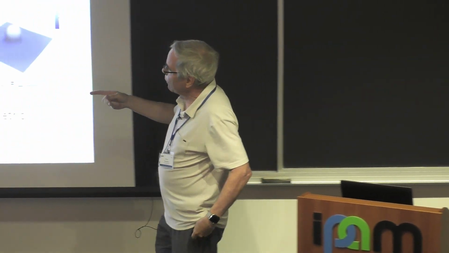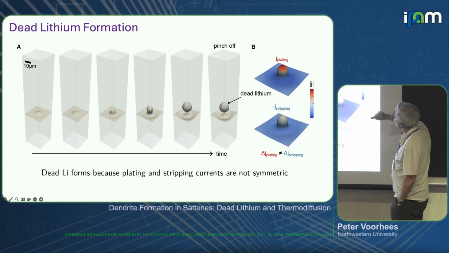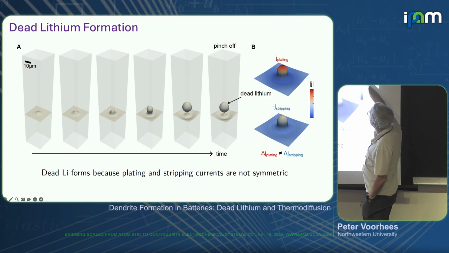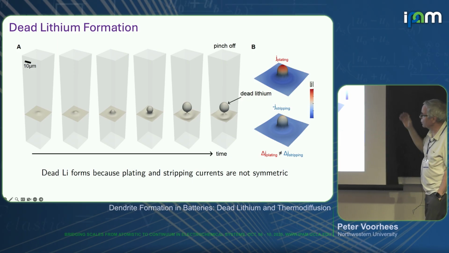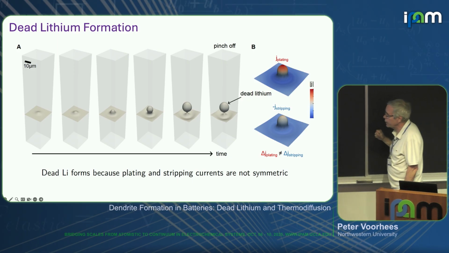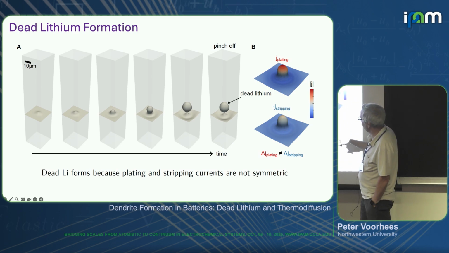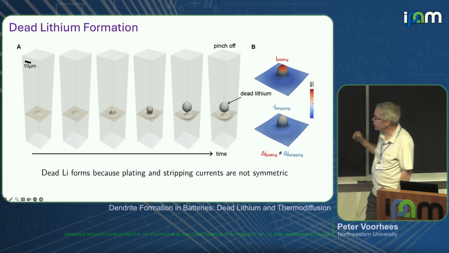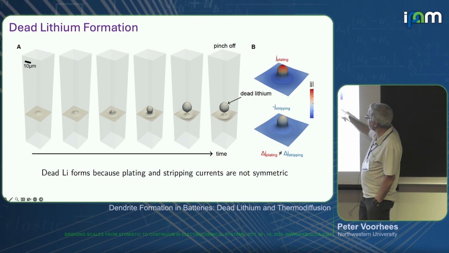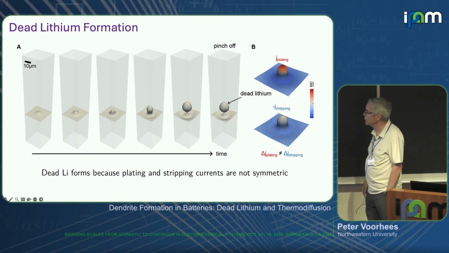And we've done these calculations in 3 dimensions, but you can see the same thing in dead lithium formation. So if you look at the current as a function of position during plating and stripping, in other words, where you charge and discharge, you can see that it's in fact not symmetric. And so the change in the current for plating is not equal to the change in current from the stripping, and it's associated with the fact that the concentration dependence of the chemical potential is nonlinear.